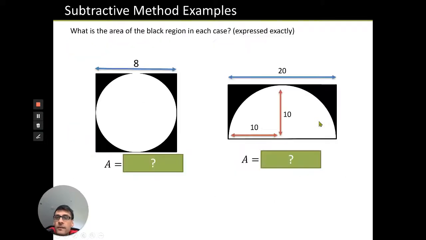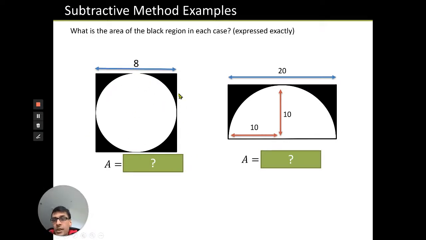And subtractive methods. This is becoming more common in the 9-to-1 exams, where you have a shape and you're working out, for example, in this case, the black region. The black region is not a shape that you know, but altogether you can see it's a circle and a square.